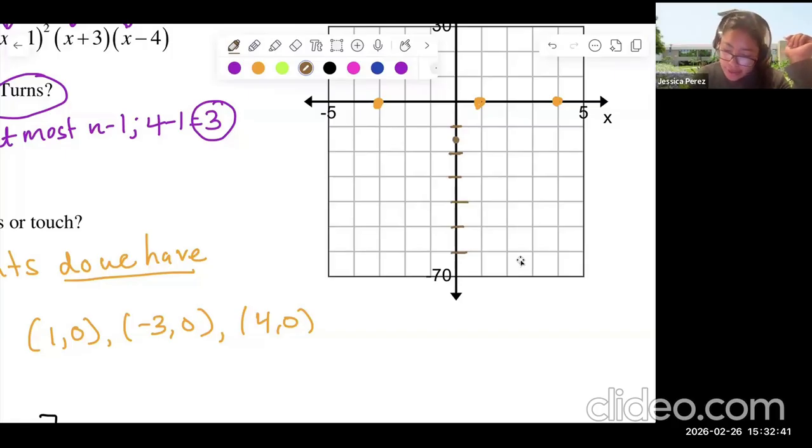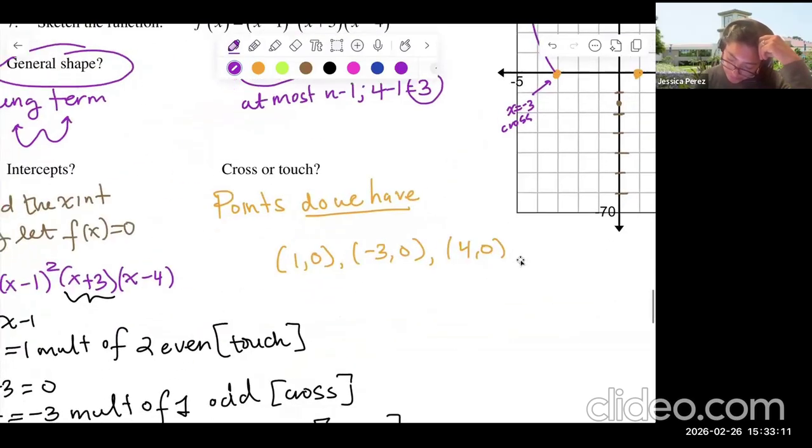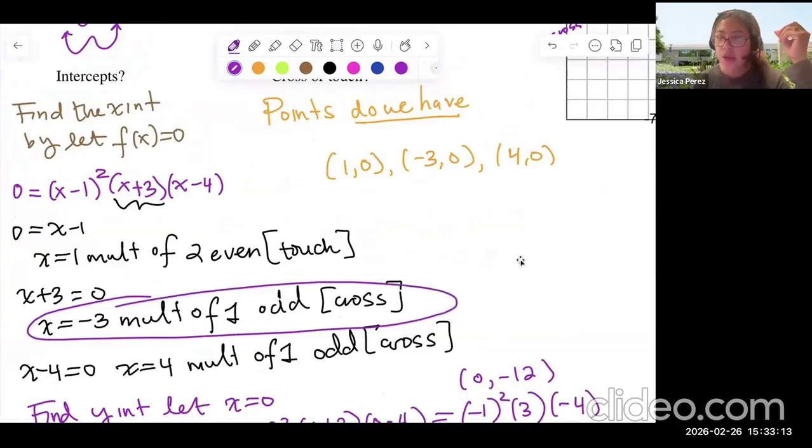Now then, we're looking at the end behavior. So what do we know about the end behavior as x approaches negative infinity? So if it's coming from this side, my function f of x is also positive. Now we wish to find a value between a turning point. We know that at x equal negative 3, it will cross because it has odd multiplicity.